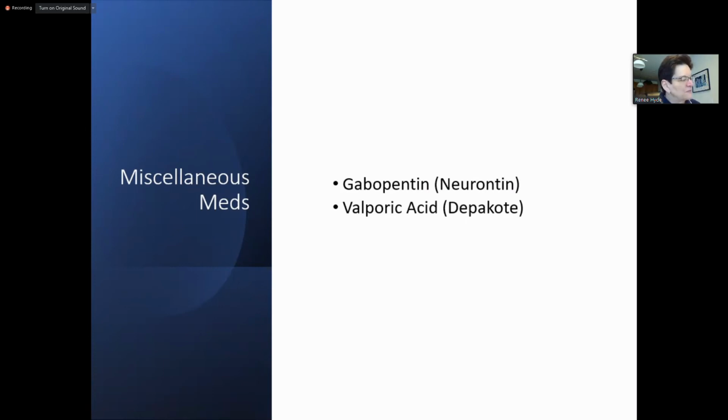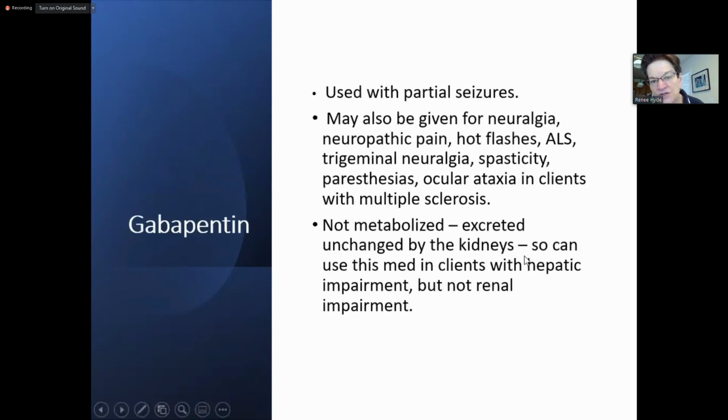The difference between its use as an anti-seizure medication and as a medication for peripheral neuropathy is dose, okay? Typically, gabapentin for peripheral neuropathy is 100 milligrams 3 times a day. If it's used for seizures, then we are seeing 300 milligrams 3 times a day. It's almost triple, okay?